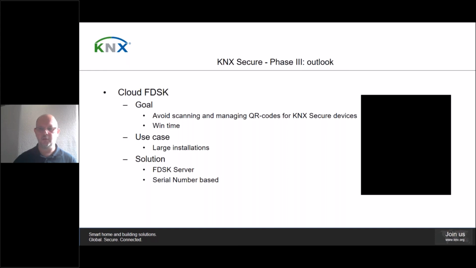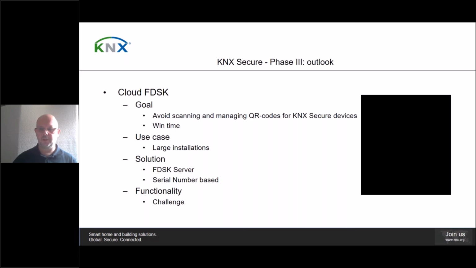ETS reads the KNX serial number of the device because this is a unique identifier. It can be obtained by enabling the programming mode in the device. By means of this KNX serial number, ETS will then ask for the FDSK from the cloud server. The functionality foresees a challenge.